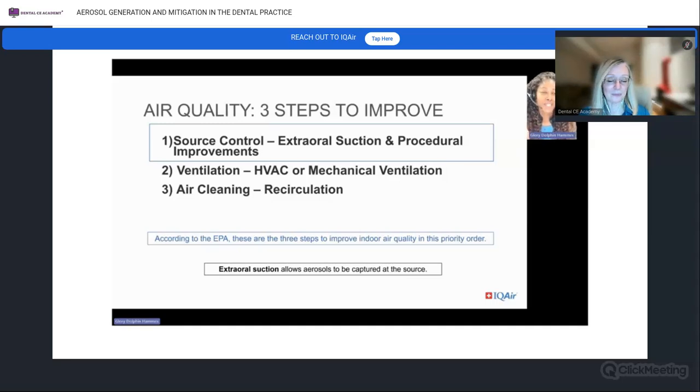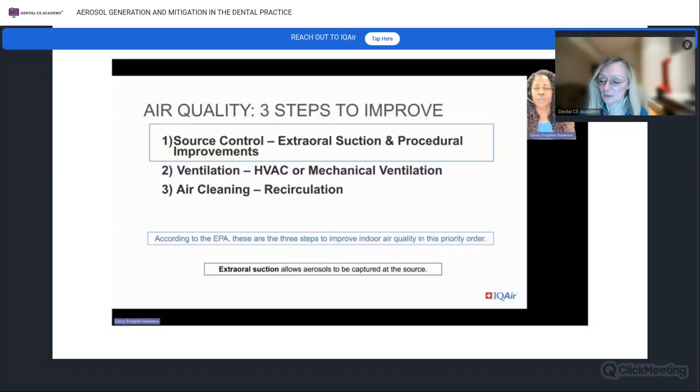So number 1, you'd want to do source control. Number 2, you'd want to ventilate. Ventilation is also known as dilution. When you think about ventilation, think about diluting the air and introducing a new source of air into the room to dilute the concentration of particulate matter. Step number 3 is recirculation or air cleaning.